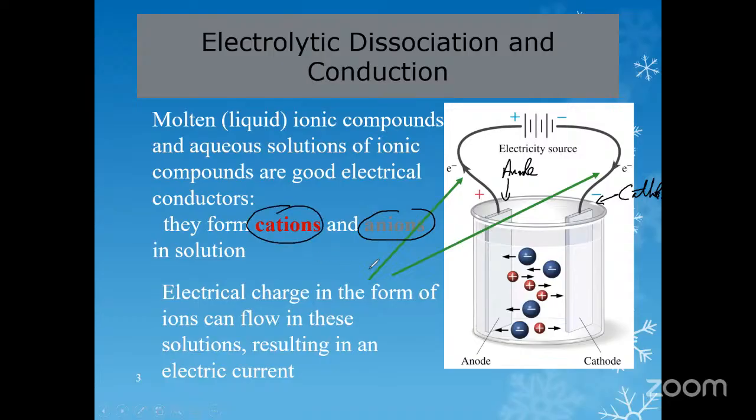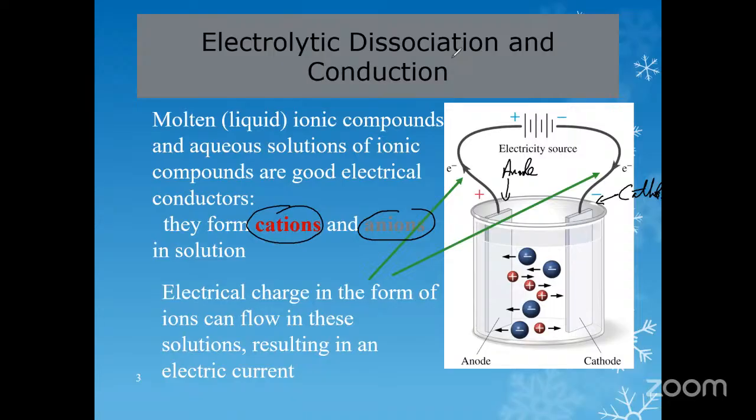So what is happening in this setup is that you have an electric current flowing through the external circuit, through the wires, but you also have an electric current flowing through the solution. If you have done any physics, you know that electric current is basically a flow of charge.